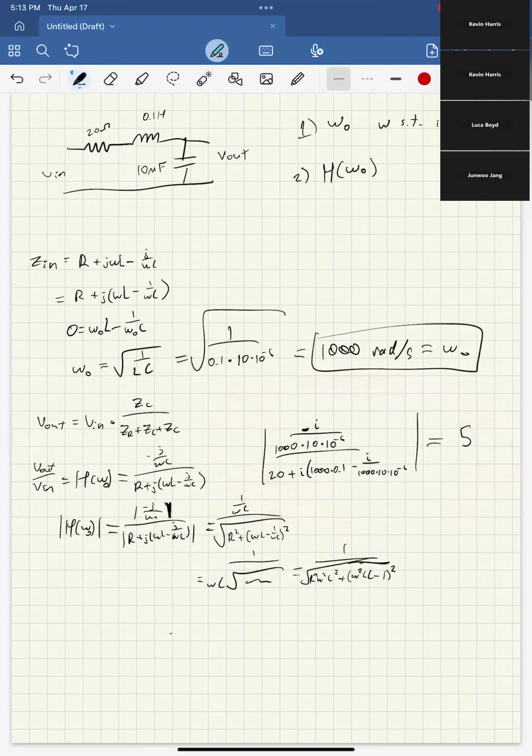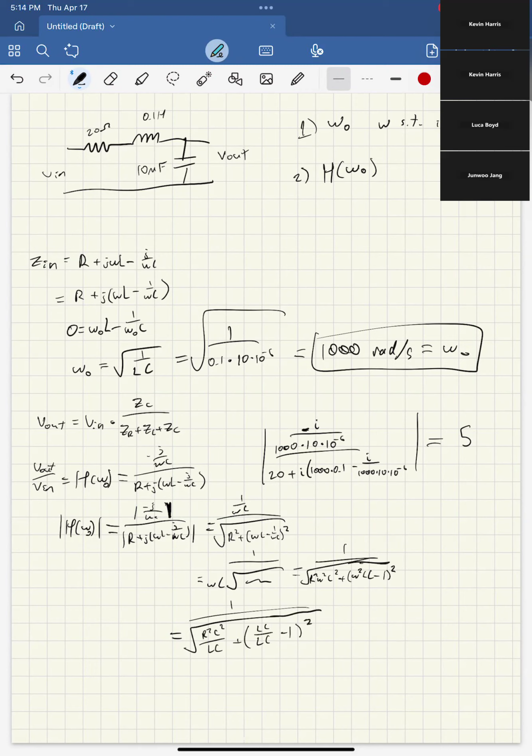However, we're doing this all in symbolic form, so I'll just show the work. We had square root of 1 over LC for omega, right? So if we plug in square root of 1 over LC, all the omegas are squared though. So we get R squared C squared over LC plus LC over LC minus 1 squared.